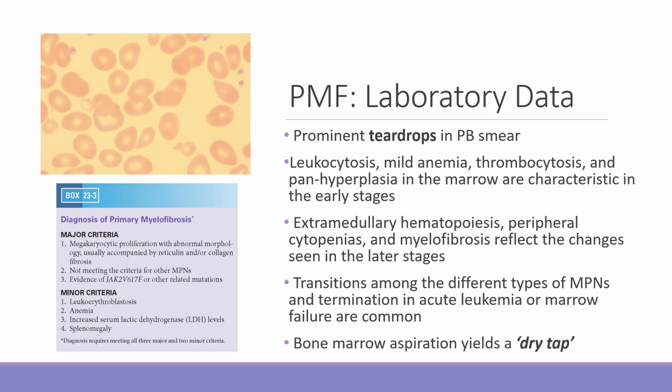And it might not be so much that fewer platelets are produced, because we know this is a proliferative disorder, so megakaryocyte proliferation is going to be there, but because of the abnormal morphology, they might be removed from circulation. They may be completely dysfunctional, and they're usually accompanied with reticulin and or collagen fibrosis.